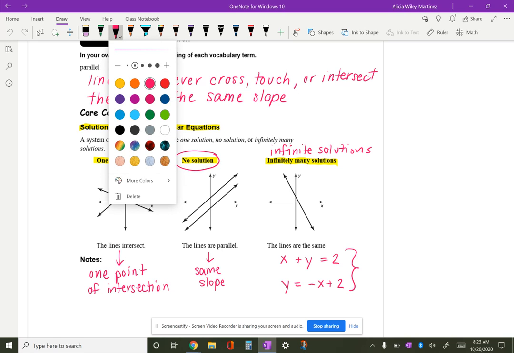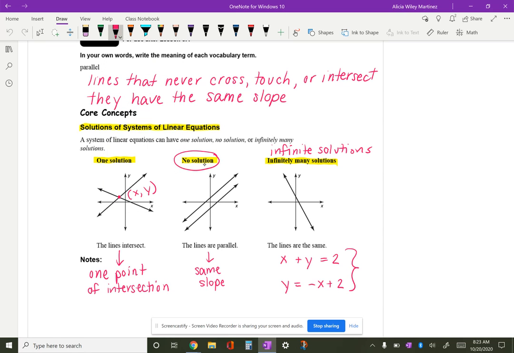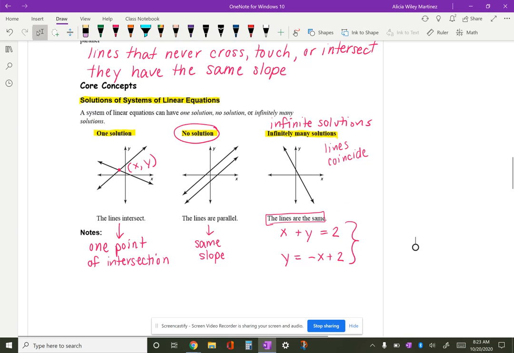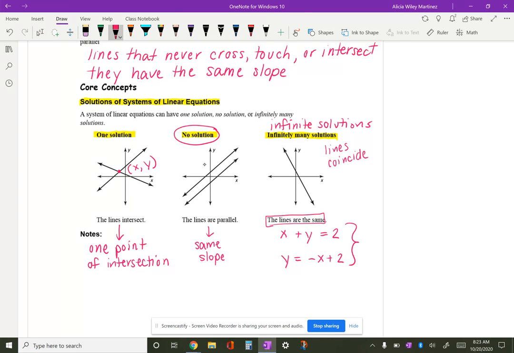Okay, and with infinite solution, it's the idea that your lines coincide, or you in fact have two lines that are exactly the same. The lines are the same. They mentioned that down here. Whenever that happens, the two lines essentially intersect the whole way.